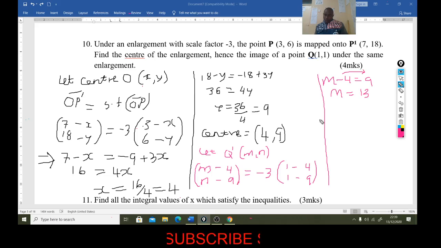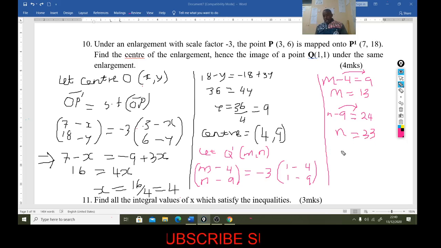Then I use the lower, it will be n minus 9 equals, 1 minus 9 is negative 8. Negative 8 times negative 3 is positive 24. So I take negative 9 to the other side, so n becomes 24 plus 9, which is equal to 33.